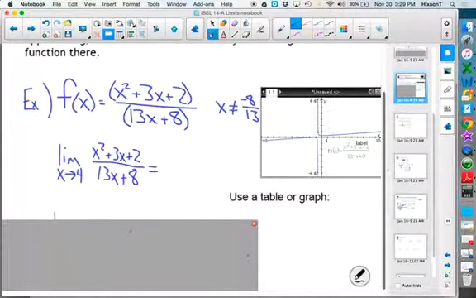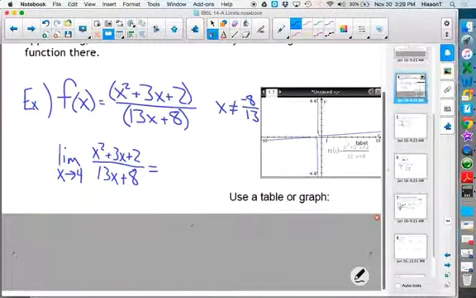So if I were to ask you, hey, what's the limit as x approaches 4? Well, 4 is right here. Am I continuous around 4? Yeah. So can I just plug it in? Yeah. And I'll get 60 over 30, or sorry, no, other way around. 30 over 60, which is 1/2. The limit's 1/2.